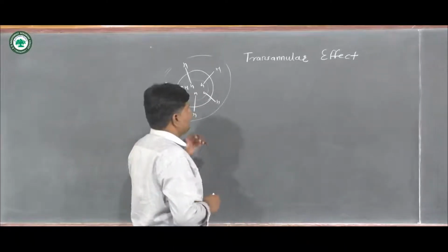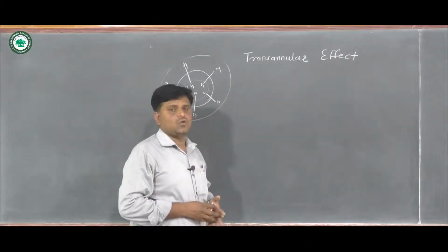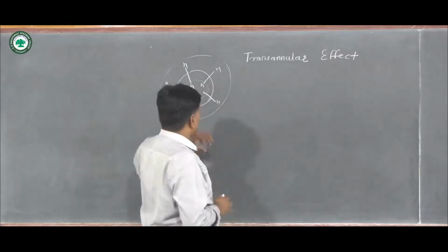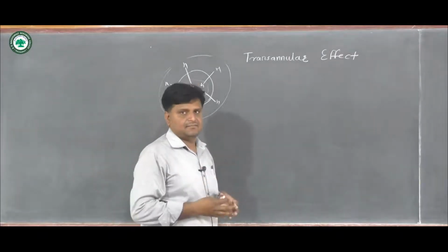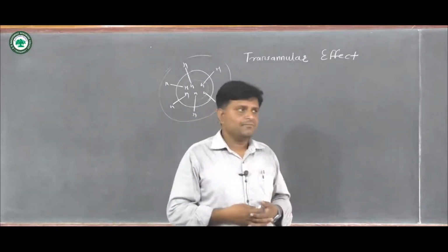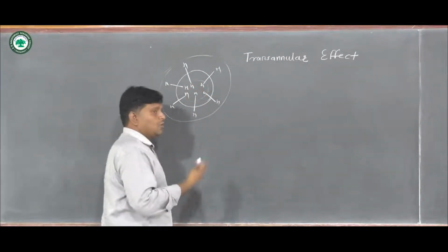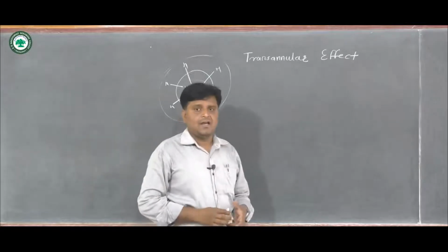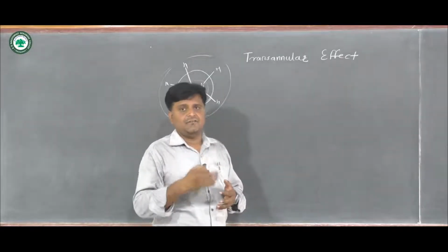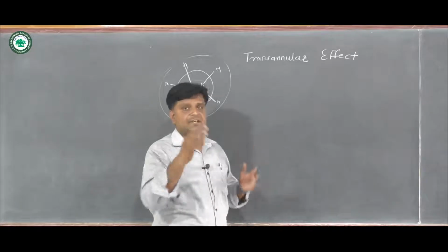The transannular effect is only concerned with the protons which are present on the inner side of the ring. Here you see these protons are very close to each other, and this condition we see in the medium size ring system.